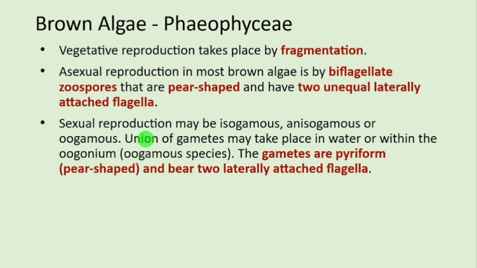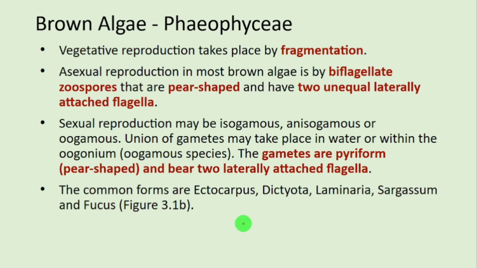In case of sexual reproduction, again you will see two laterally attached flagella. And gametes are pyriform, which is pear-shaped. Here also asexual spores are pear-shaped. So brown algae is the second category of algae, and this will help you to remember that the flagella on the asexual spore and flagella on gametes are two.